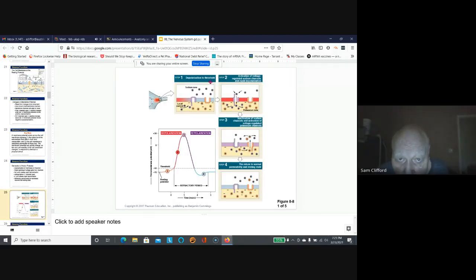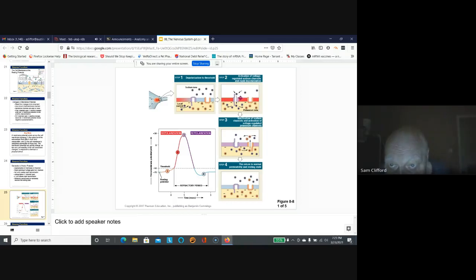So here's what we're talking about. The first thing, you can see that there are sodium ions. Both channels are closed.